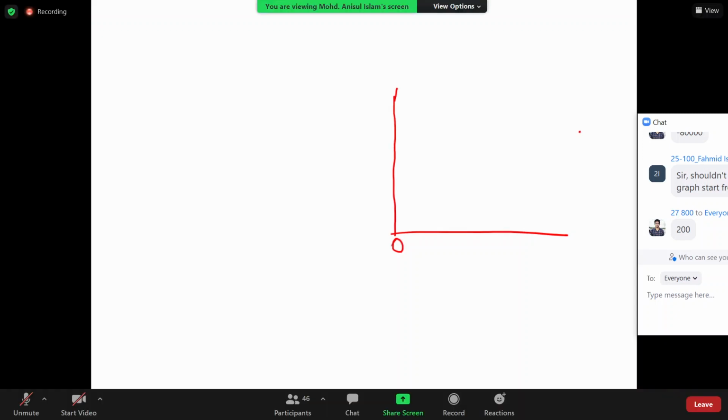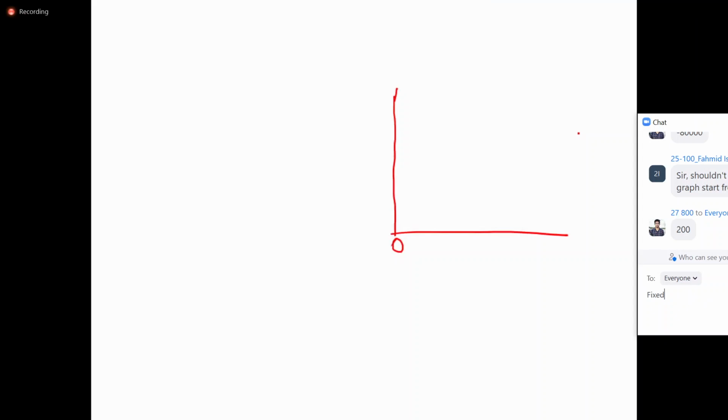They will have a positive revenue, or negative revenue, or zero revenue? Write positive or negative on the chat box. They'll have a positive revenue. So we can start in this way.